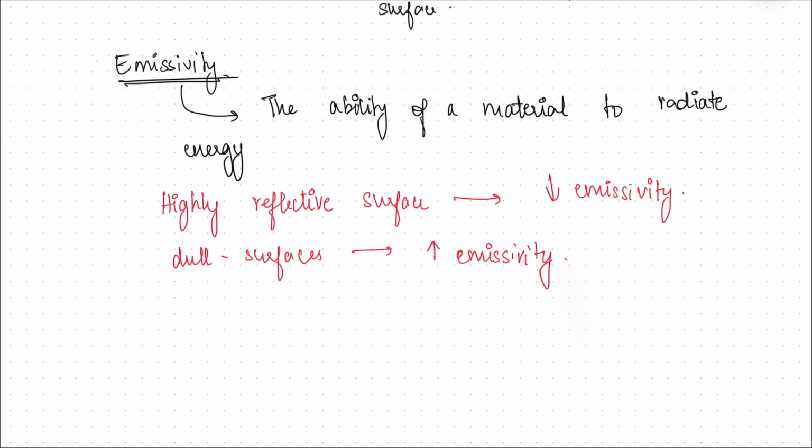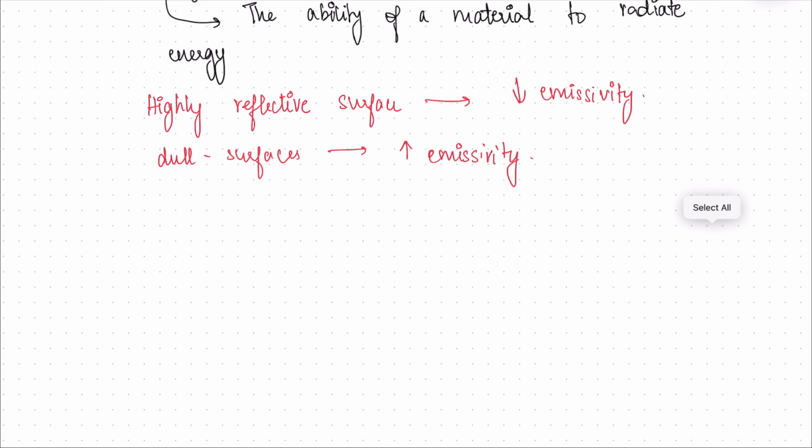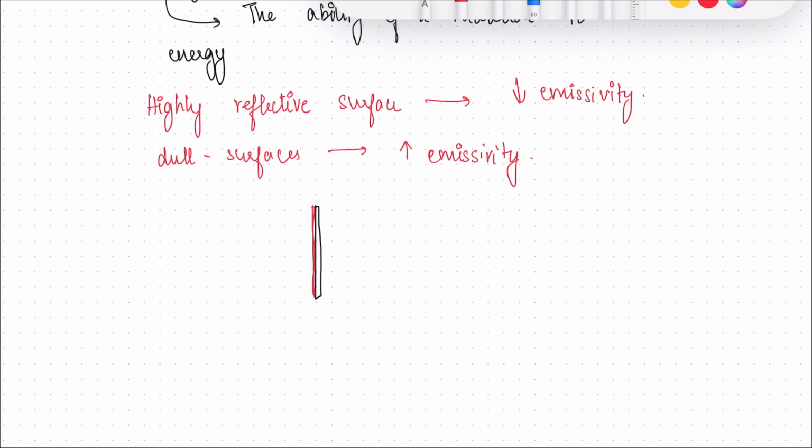So what they usually do is, since glasses are highly reflective materials, they coat them with a low emissivity coating. So if this is your glass wall, they coat it with a low emissivity coating.